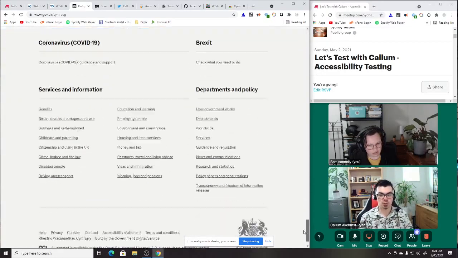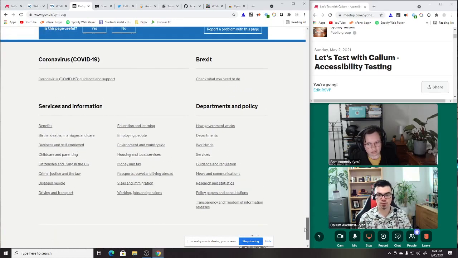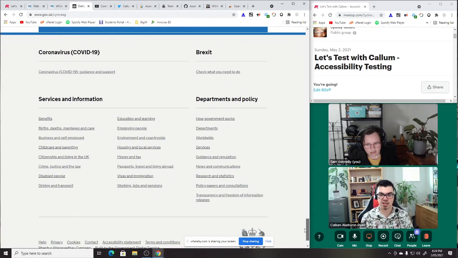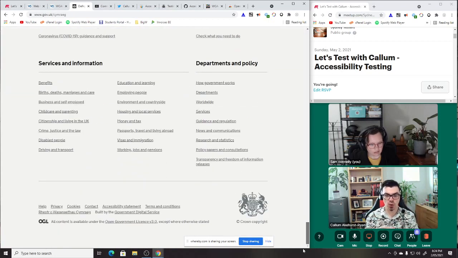That might be an assumption that we're making, because I haven't looked at a number of Welsh websites to know if titles stick to being in English rather than in Welsh or not. But the ironic thing is actually the link to change this to Welsh, which is in Welsh, that bit isn't translated.